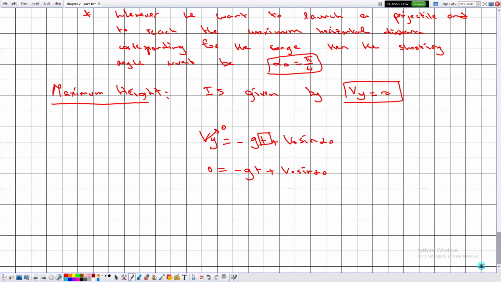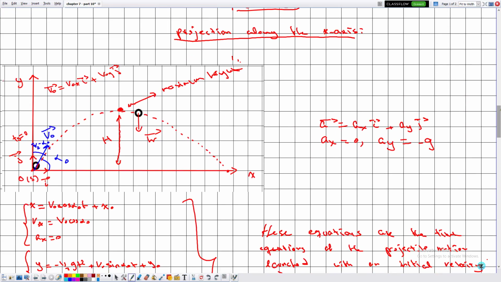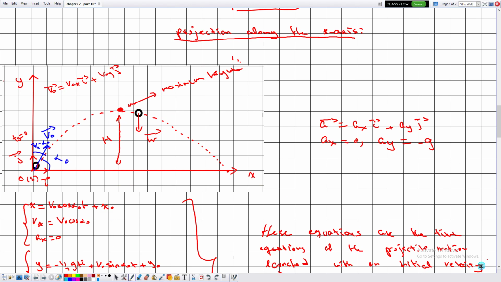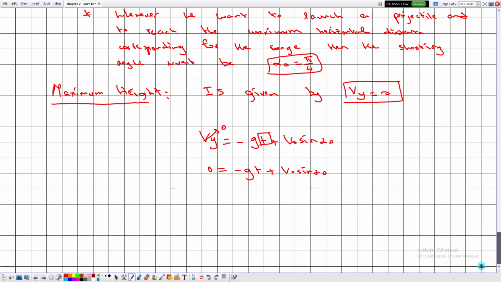Because at the point where the projectile reaches the maximum height, if we consider the velocity vector like this, it has no y component, so simply Vy is given by 0. So in this case, t is given by, okay.